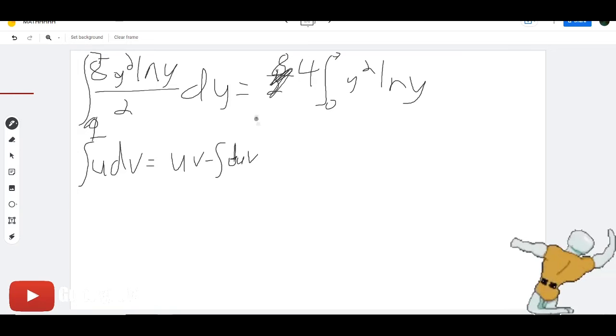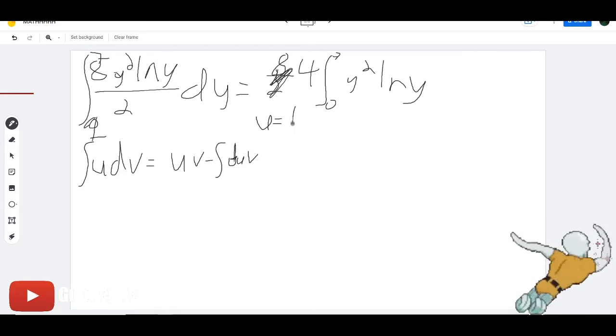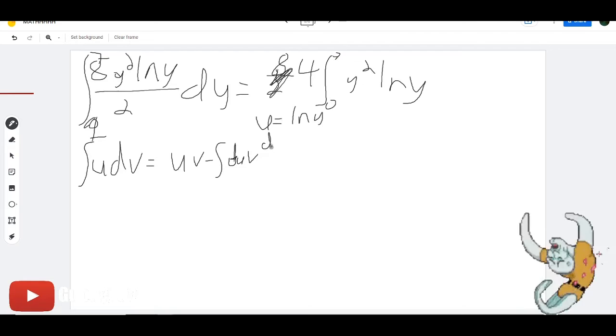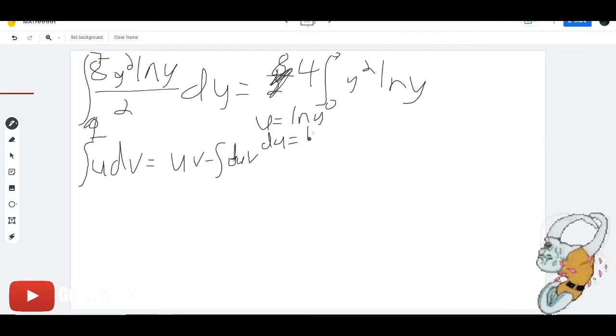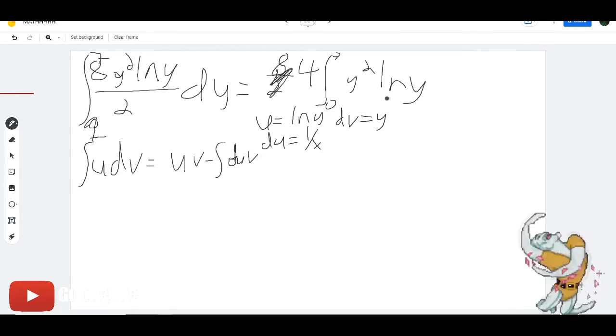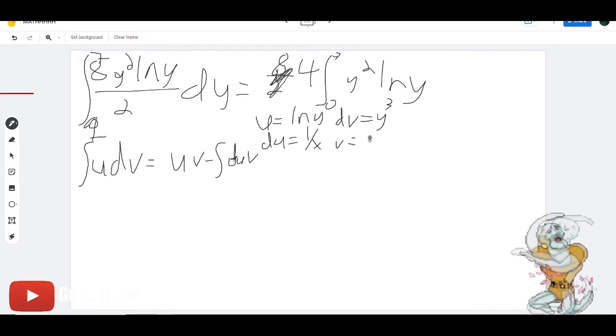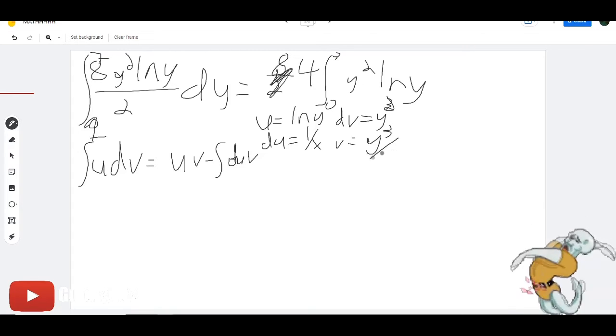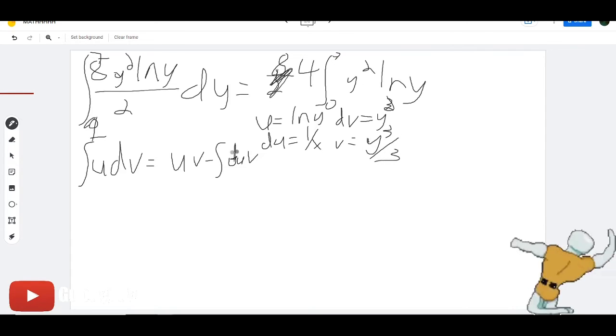So our u here is ln y, because it goes from being a natural log to 1 over y. And our dv is y squared, so v is equal to y cubed over 3.